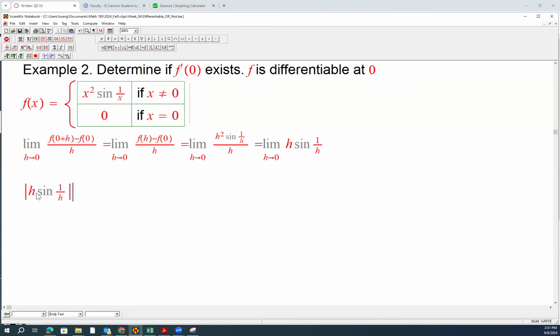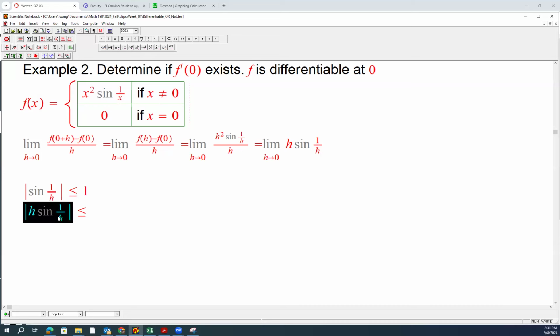And because sine of 1 over h in absolute value is less than or equal to 1, so I'm going to put that statement in place. It's well known that sine of 1 over h is less than or equal to 1.